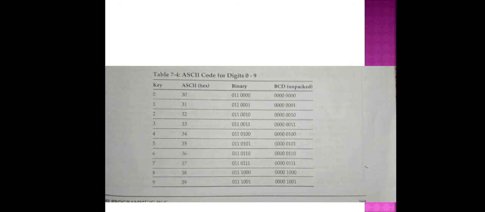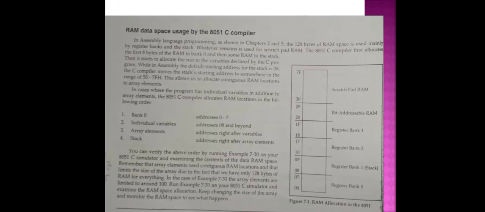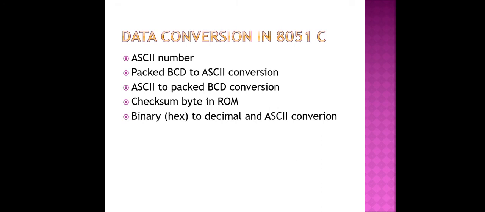Then second is packed BCD to ASCII conversion. The RTC provides the time, hour, minutes and seconds, and the date, year, month and day, continuously, regardless of whether the power is on or off. This data is provided in packed BCD.